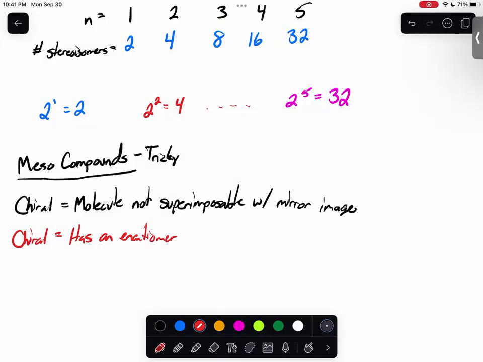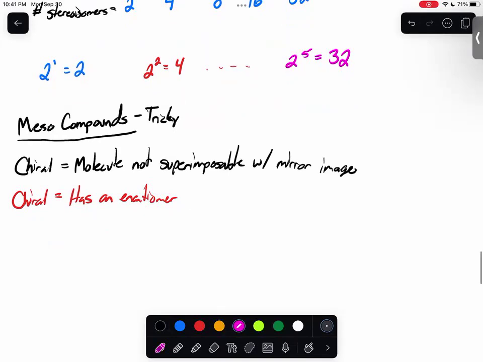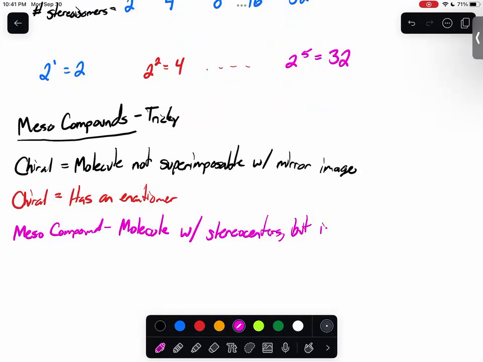So, what is a mesocompound? Well, a mesocompound is a molecule with stereocenters, but is achiral due to being superimposable with its mirror image.